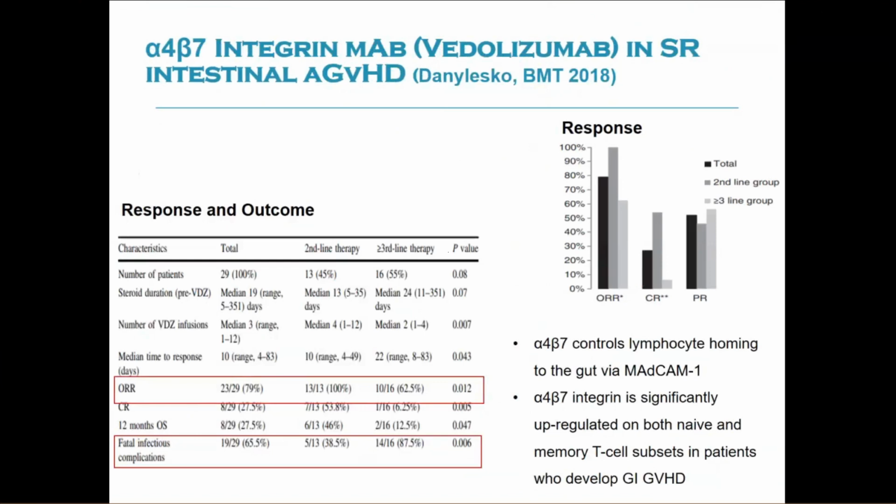Regarding steroid refractory intestinal acute GVHD, a study published by Danilescu in 2018 showed a good overall response rate for vedolizumab with 79%, but of note, a high rate of fatal infections has been reported with 65%.